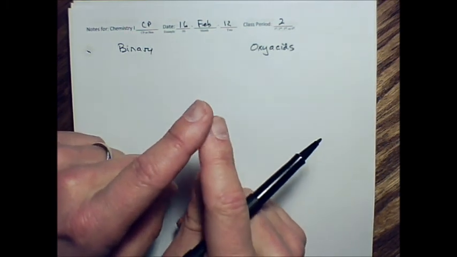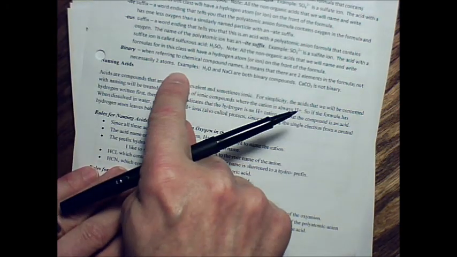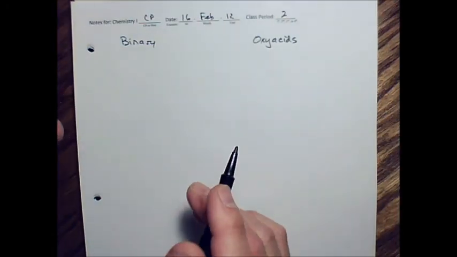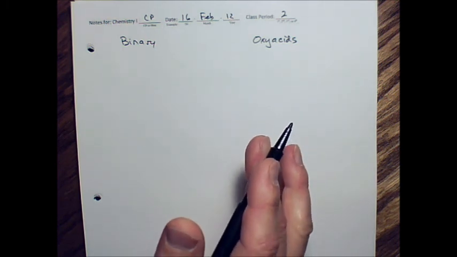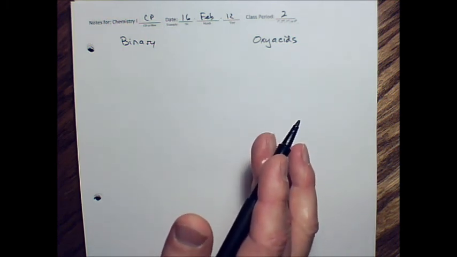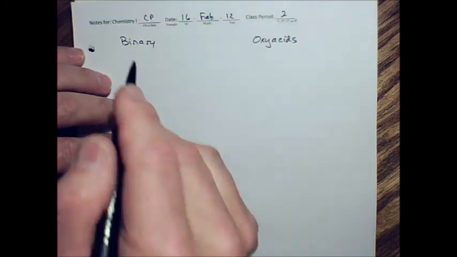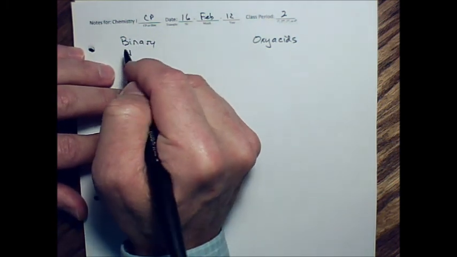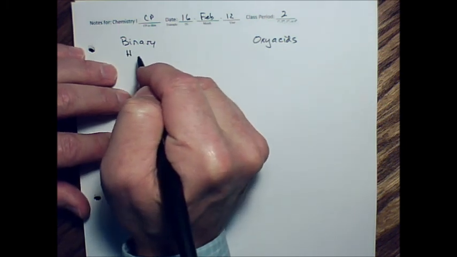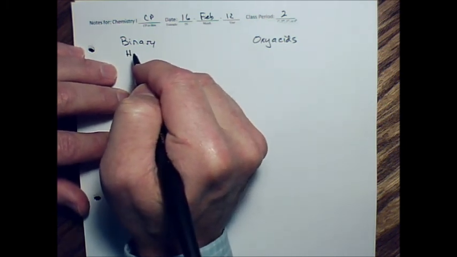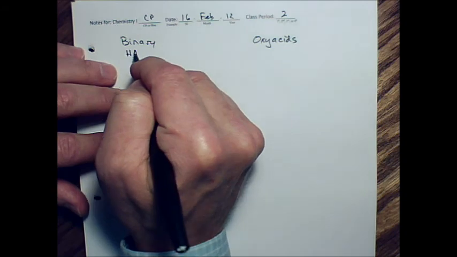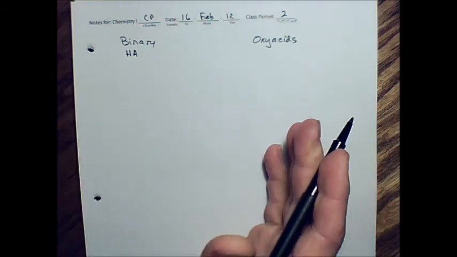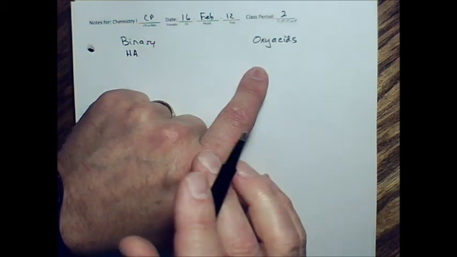Remember, binary compounds are two elements, and I've got the definition for you right here on the sheet. All acids have to have hydrogen in the front, at least in this class. So binary acids will be some hydrogen attached to something else, some anion. We're going to say it's just an A, just for calling. That's our symbol for anion.